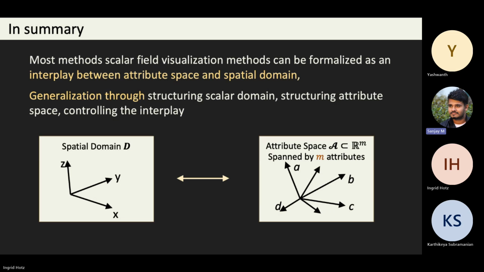And if you structure your attribute space, it might help you to design your traits. Then somehow controlling the interplay between things. This can also be done by interactively linking a lot of different windows.